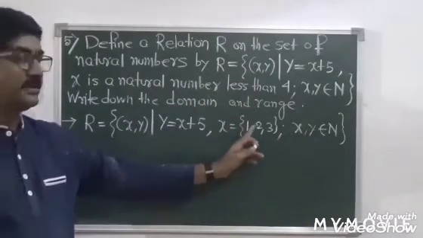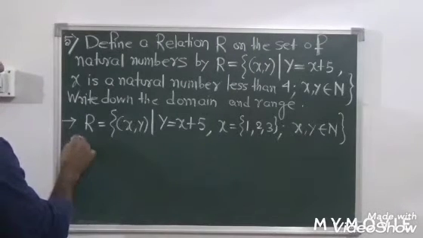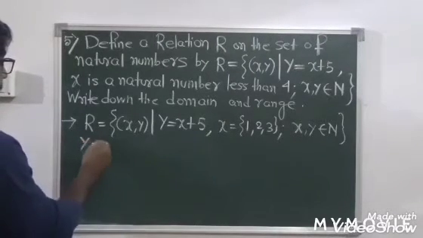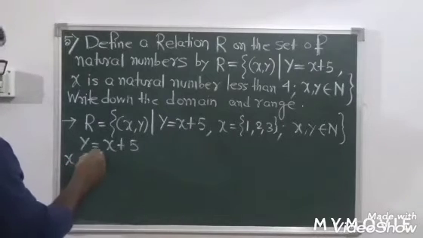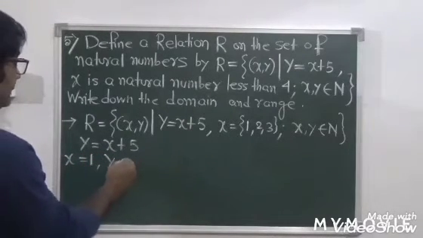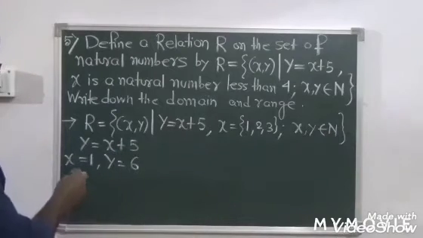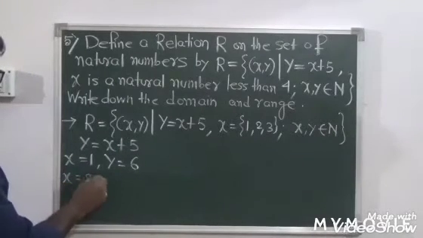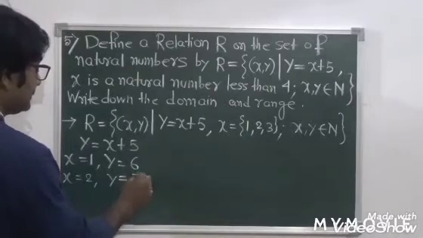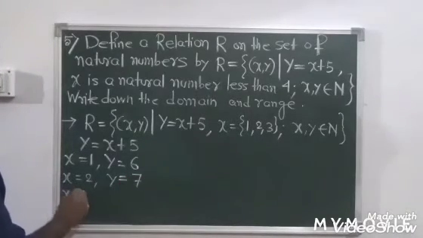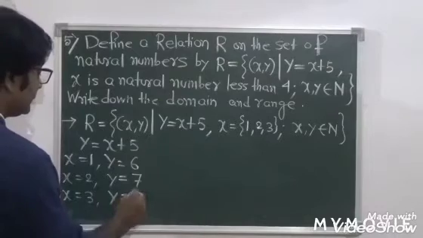So x is 1, 2 and 3. We are given y equals x plus 5. So when x is 1, what is y? This is 6. When x is 1, y is 6. When x equals 2, then y is 2 plus 5, that is 7. When x equals 3, then y is 3 plus 5, that is 8.